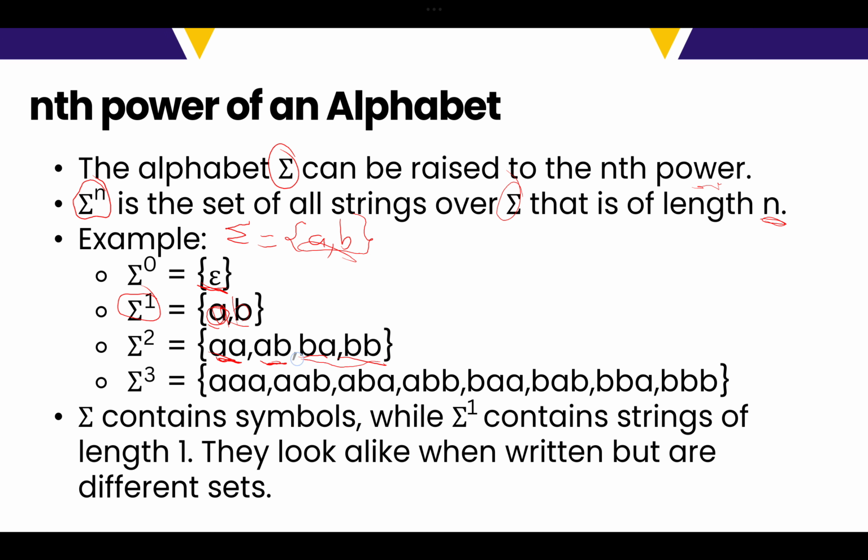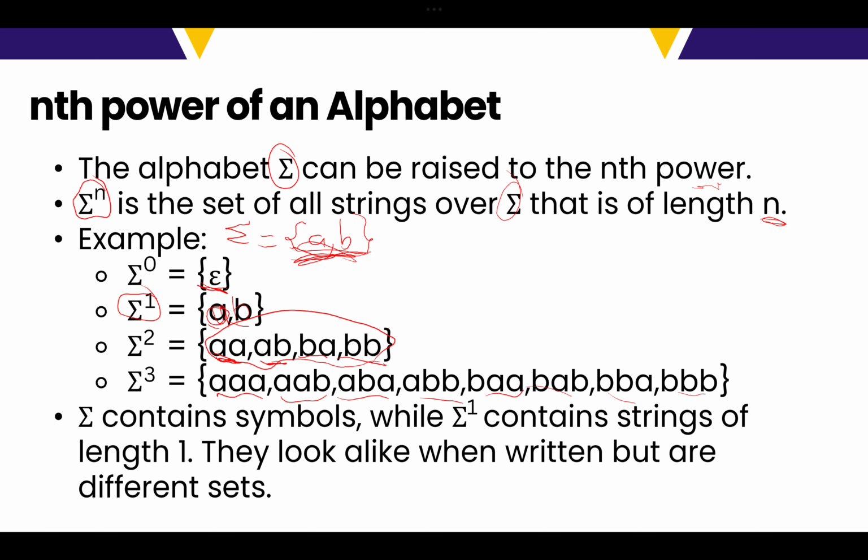So, mao na ni siya ang resulting strings coming from this alphabet. So, ang ma-generate aning nth power of an alphabet is a language. So, mga strings na, no, set of strings. Then, sigma to the power of 3, length of 3 na. So, mga combinations ani nga length of 3 sila.